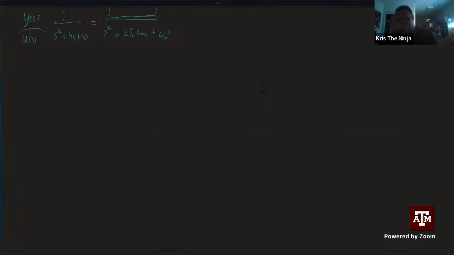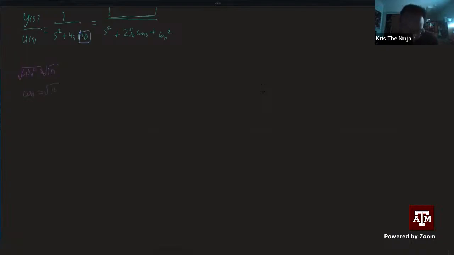So we know that this is omega n squared. So we know omega n squared is that value. So we can say omega n squared equals 10. If we square root both sides, omega n equals the square root of 10, plus or minus technically.